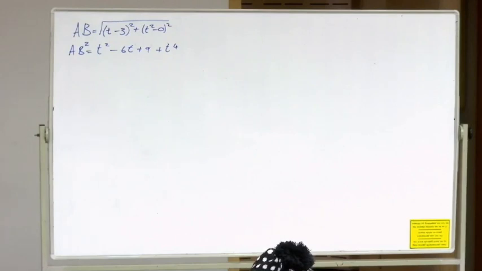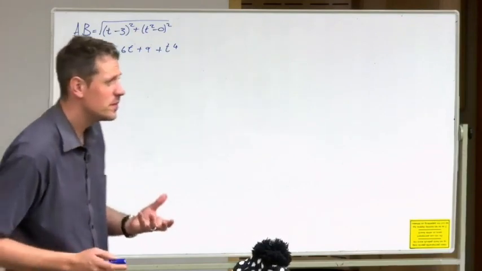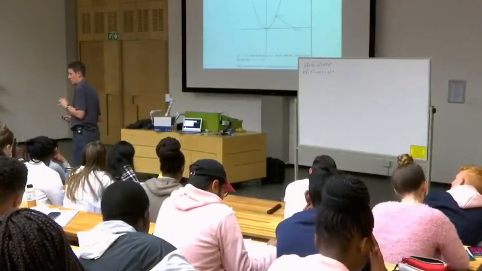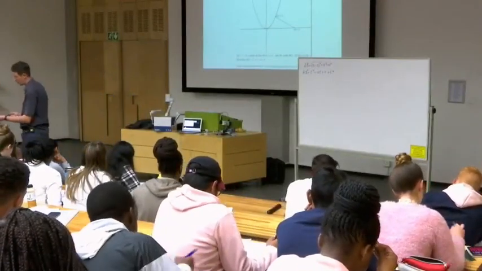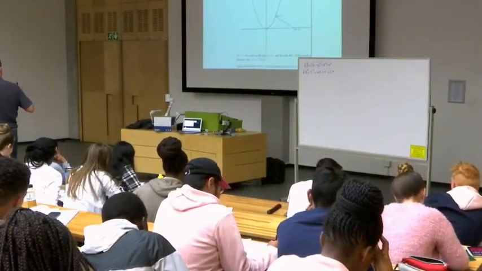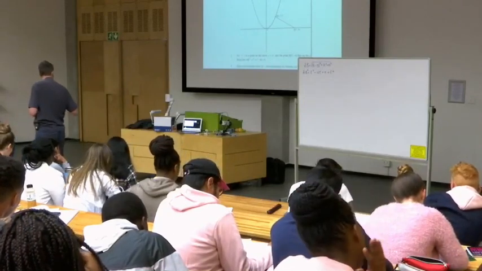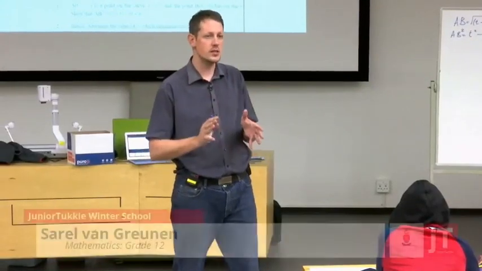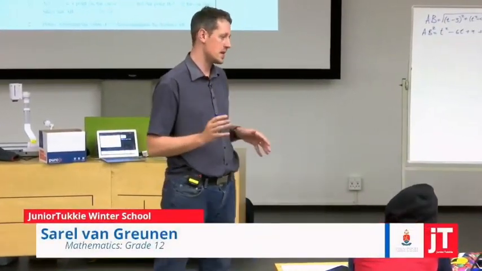Question 2 is a bit more of an interesting little bugger. Okay? Because quite a few of you guys get tripped up on the English in this specific question. It says here, hence, determine the value of t which minimizes the distance AB.